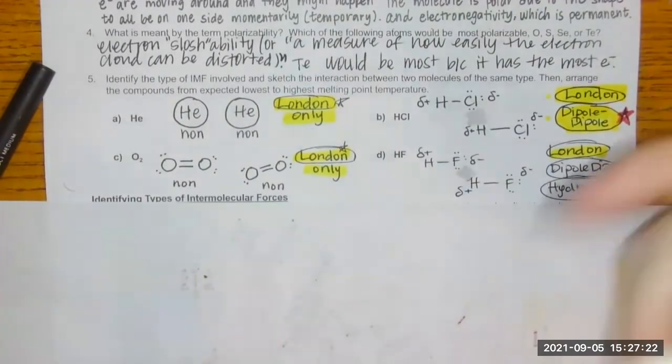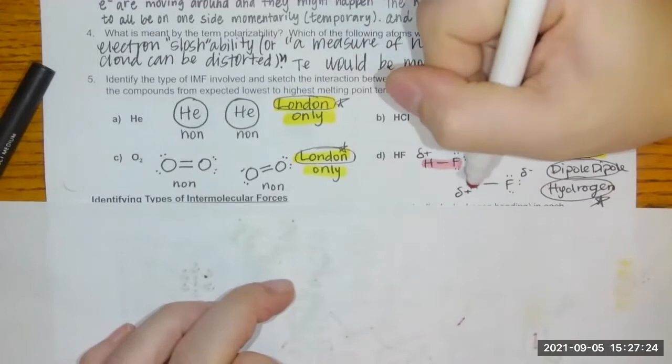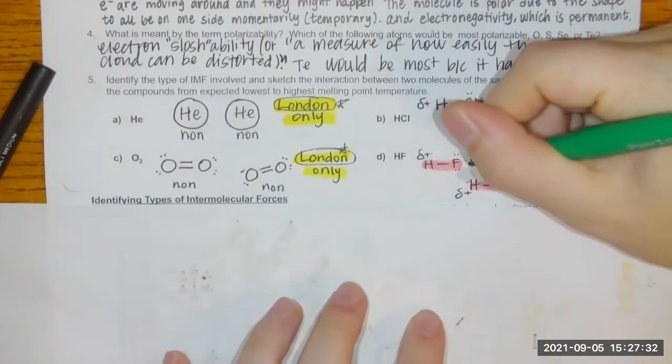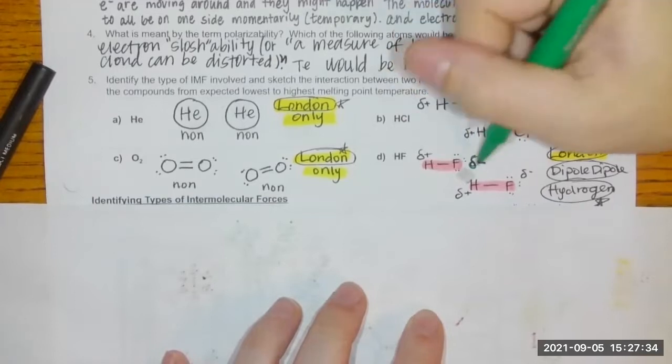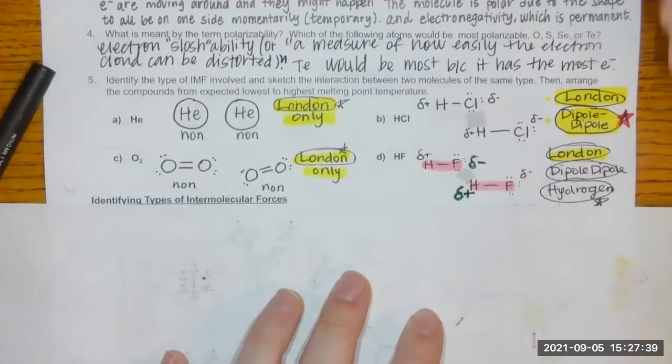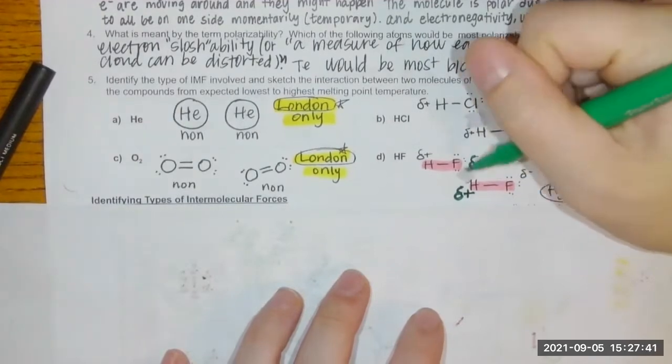HF, I have two of them, one here and one here. Fluorine, the most electronegative element, has the partial negative on his side. Hydrogen, partial positive. And here's my little H sandwich.